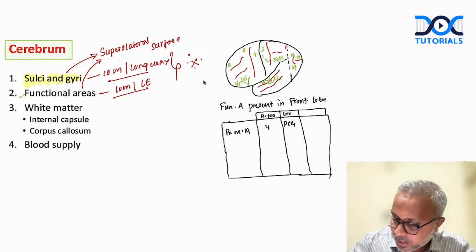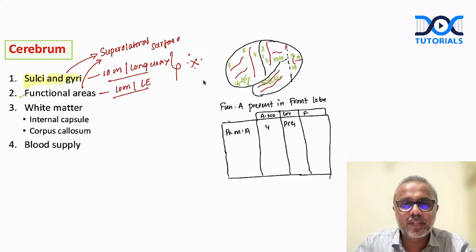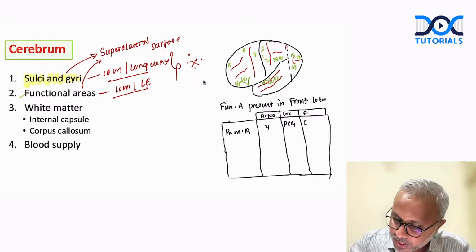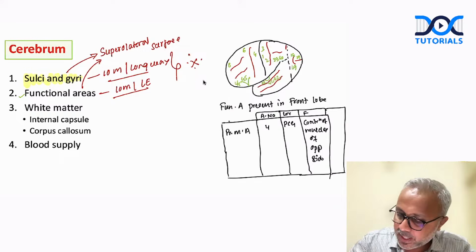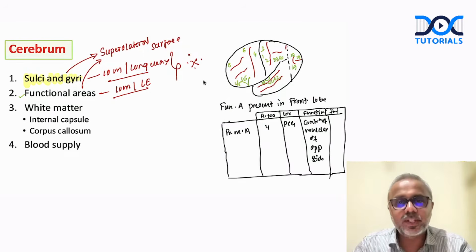Okay, then what is its function? When stimulated, it produces contraction of muscles of the opposite side. Then what will happen if this is injured? Injury to this will produce contralateral hemiplegia.